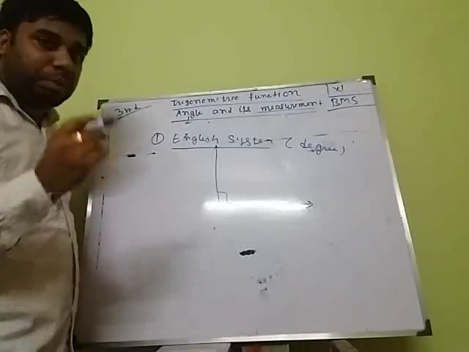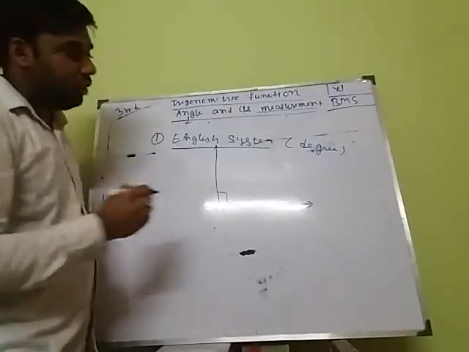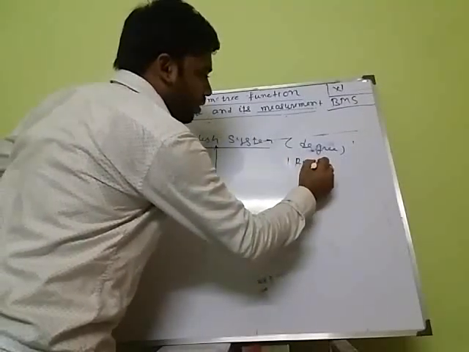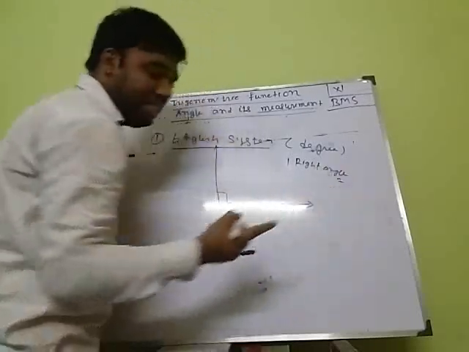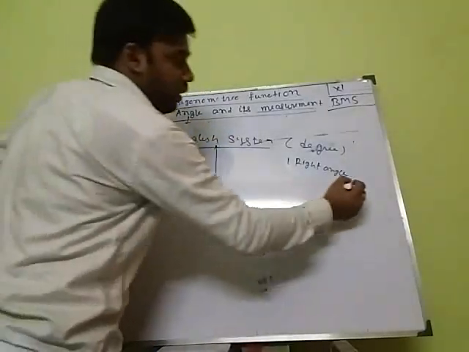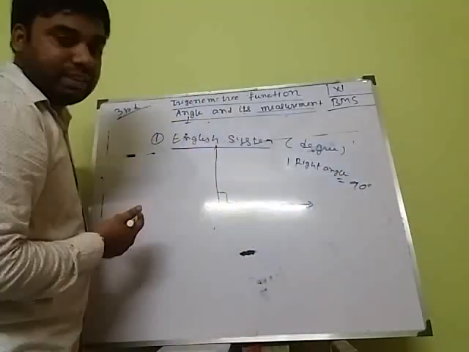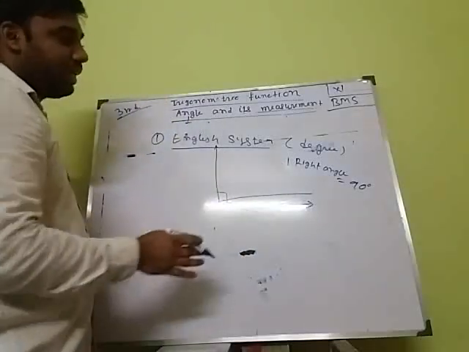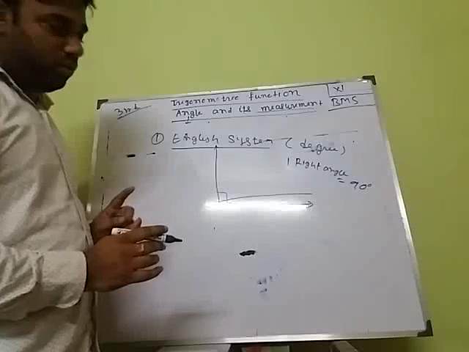Each part is called 1 degree. So one right angle equals 90 parts, each one is a degree, and one right angle is 90 degrees. So each part, if I divide it into 90 parts, is 1 degree. Okay.